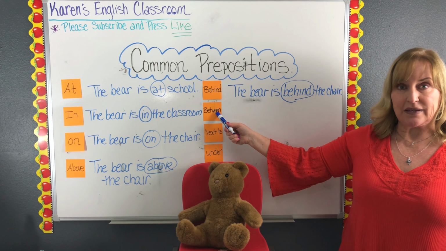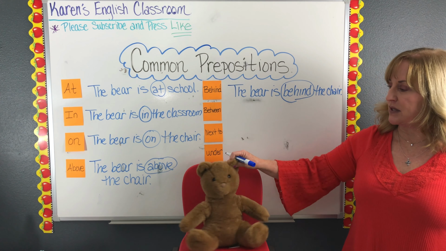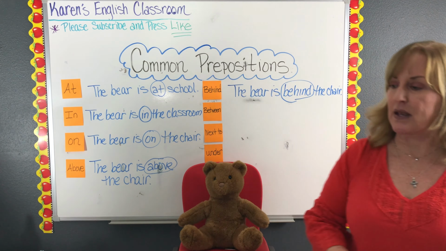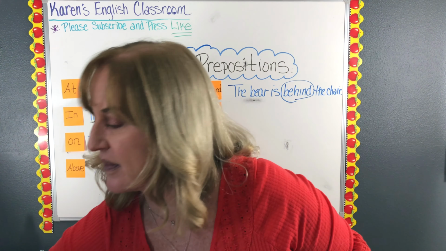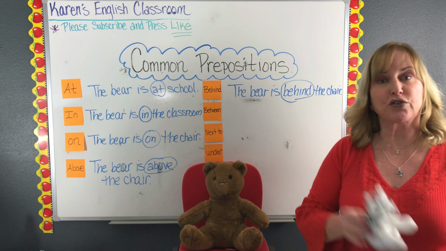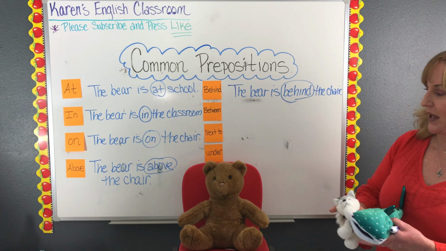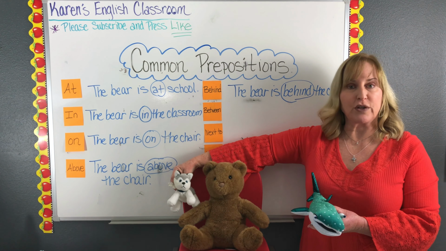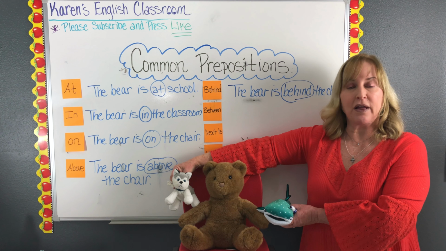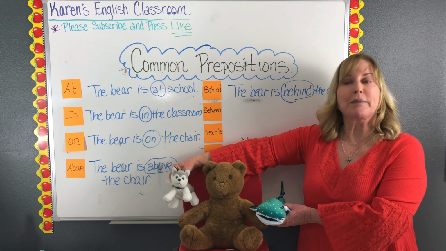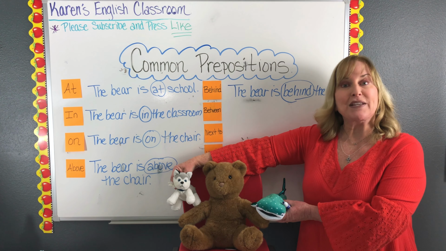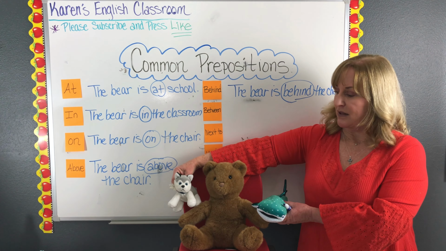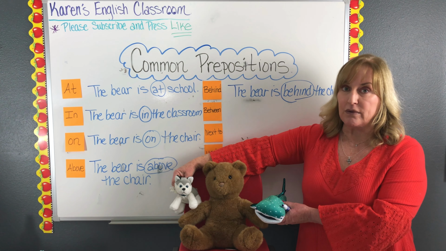Now, between, okay? So here's Mr. Bear, and I have some of his friends, Mr. Dog and Mr. Whale, okay? So if Mr. Dog is over here, Mr. Whale is here, the bear is between. Between, okay? You could also say in the middle.